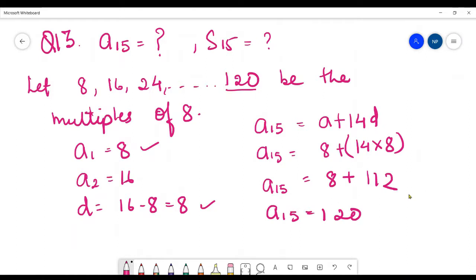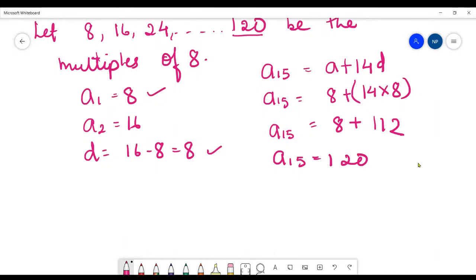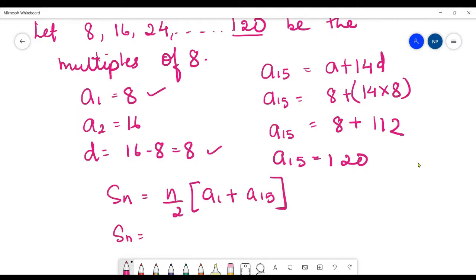Now we have A15. We can use the second generalized formula of Sn, n by 2 into A1 plus A15. Why are we taking A1 plus A15? Check in the question. It is written, find the sum of the first 15 multiples of 8. So the first 15 multiples of 8 will be given as S15.